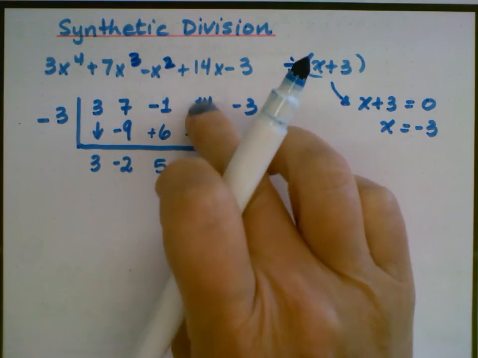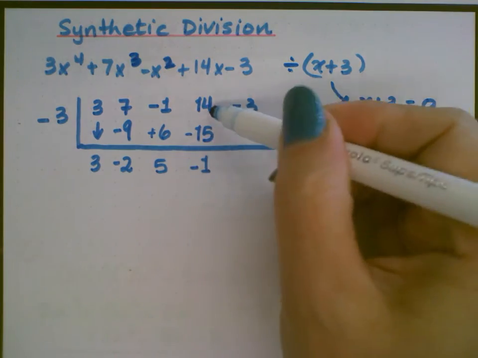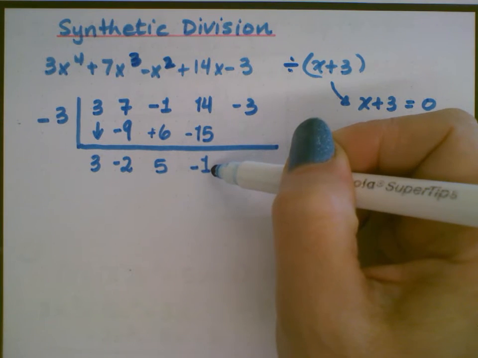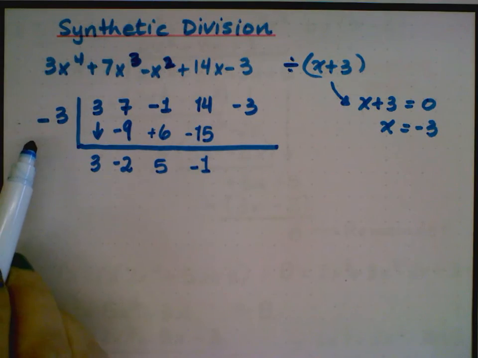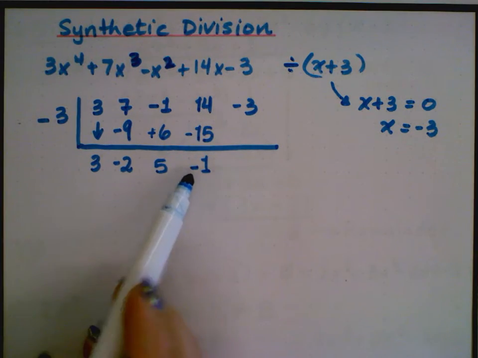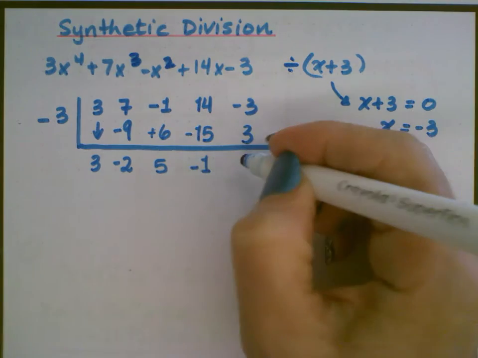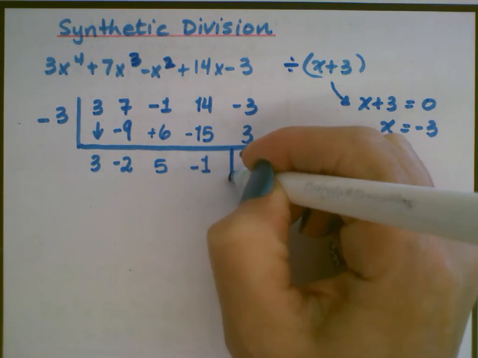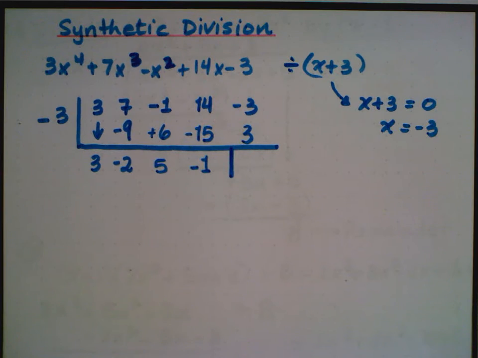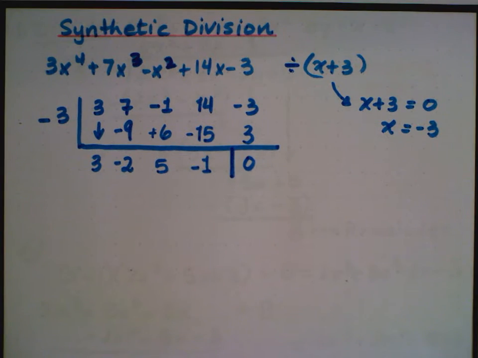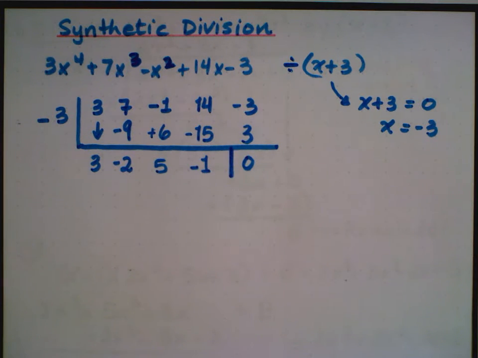So in each column as I come down, I'm adding. I just add the two values together to get the number that's under that line. Okay, last step, negative 3 times negative 1 is 3. And this last one, I'm going to make a little cell for it by adding a bar there. Negative 3 and 3 add together to 0.